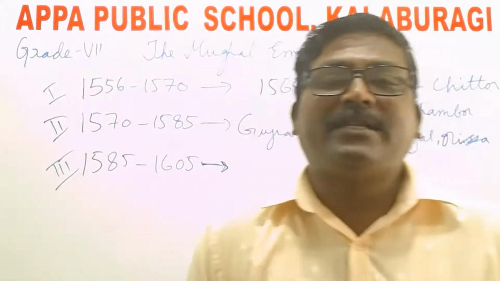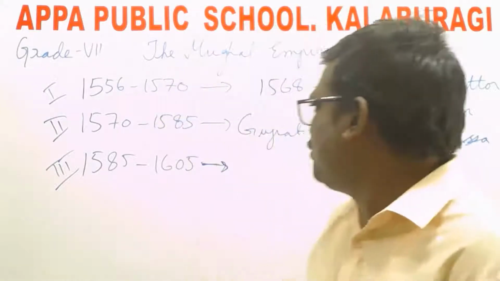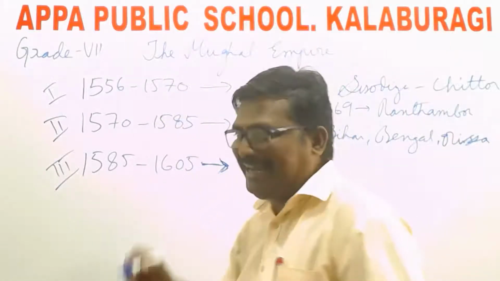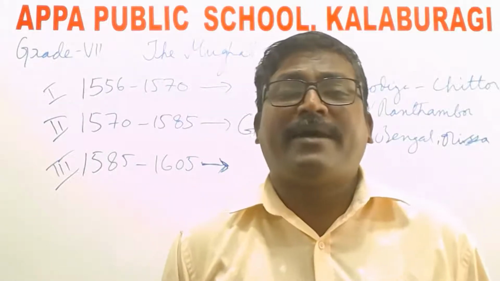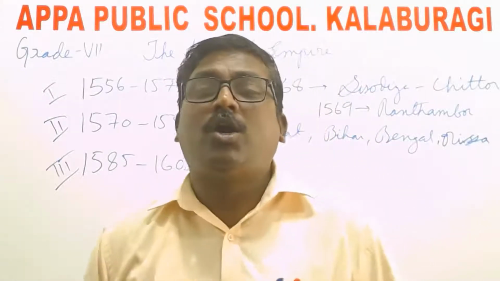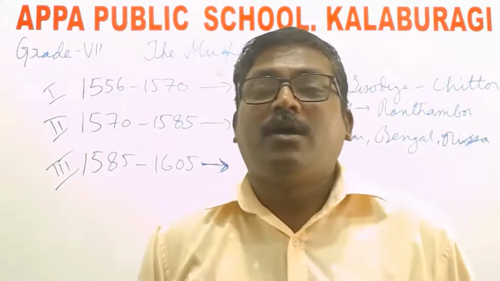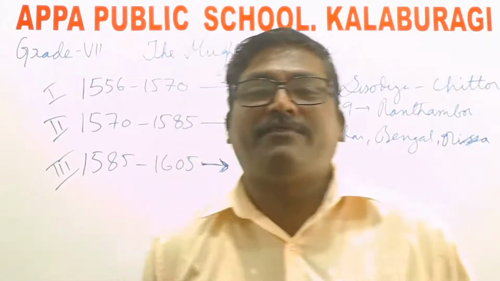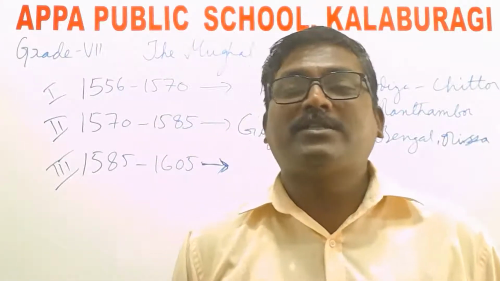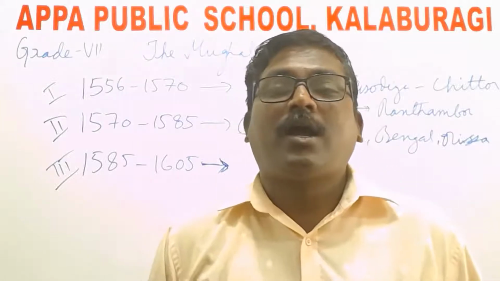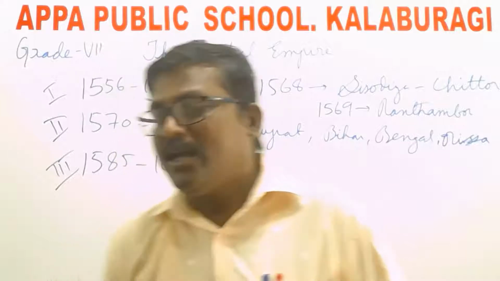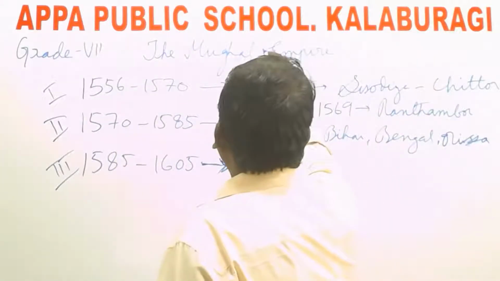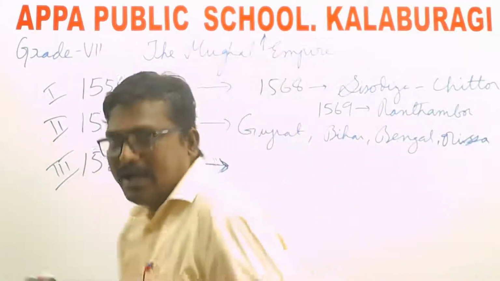Okay, so now 1585 to 1605, the final innings of Akbar. Expansion of Akbar's empire. Campaigns were launched in northwest Kandahar. Kandahar was seized from the Safavids. Kashmir was annexed, as also Kabul after the death of Hakim Mirza. You can see, my dear students, now Akbar went to the northern part, above the Delhi.